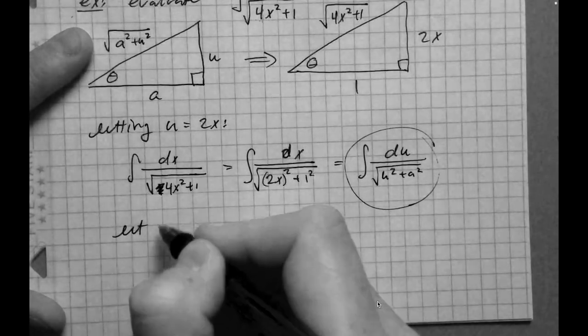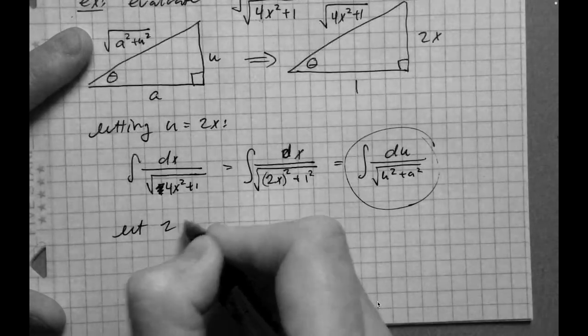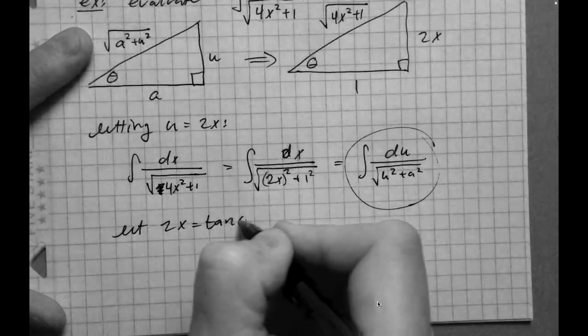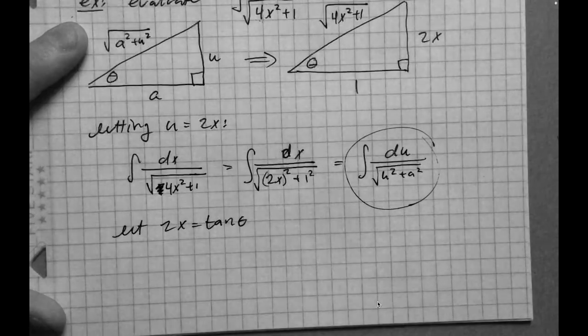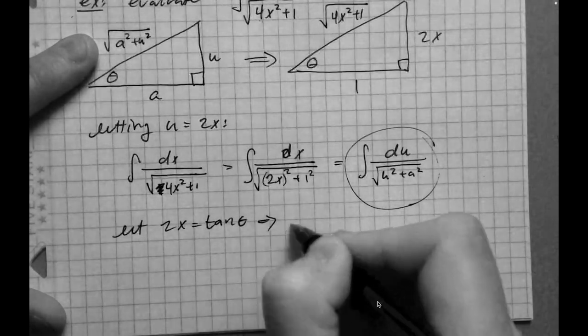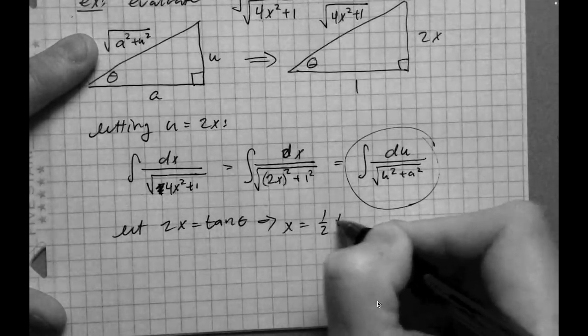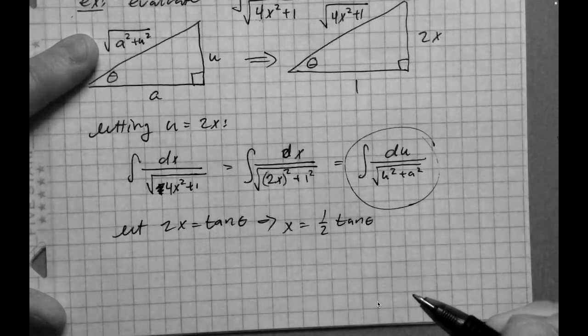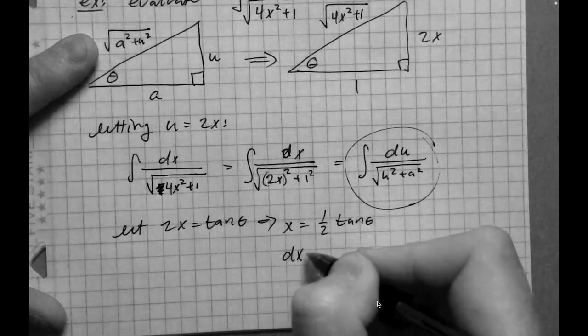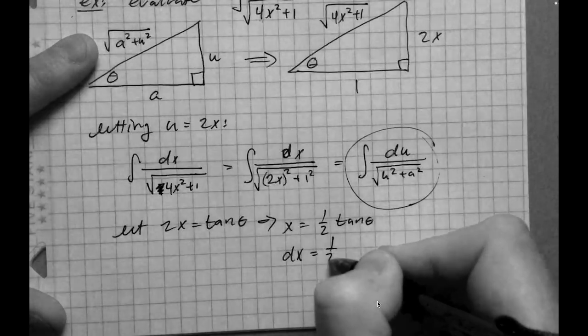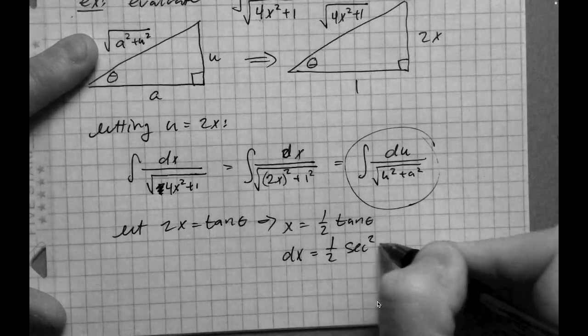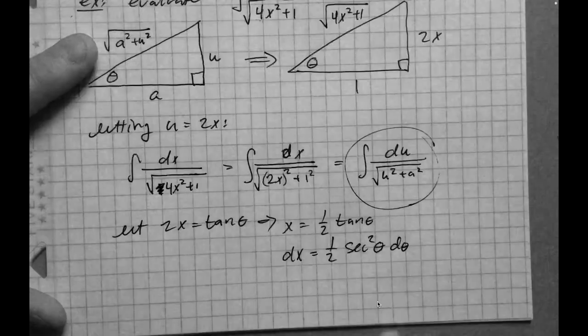Okay, so that's how we'll proceed. We'll let 2x equal the tangent of theta. Then x is equal to 1/2 tan theta, and that means dx is equal to 1/2 secant squared theta d theta.